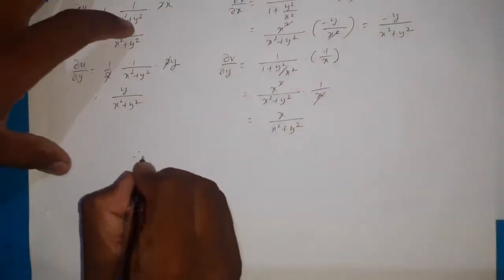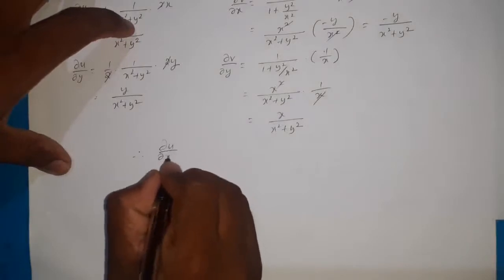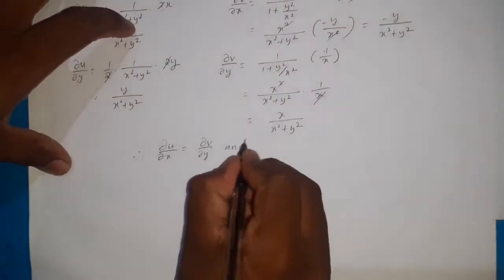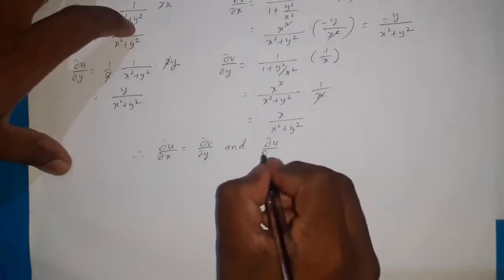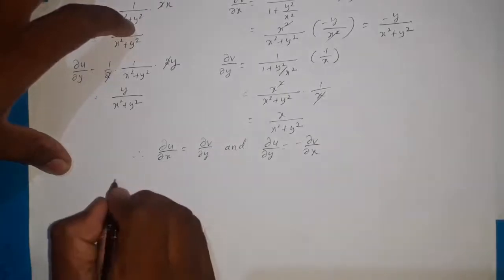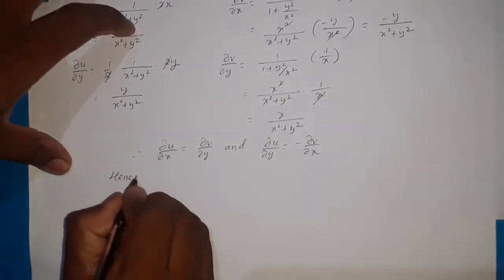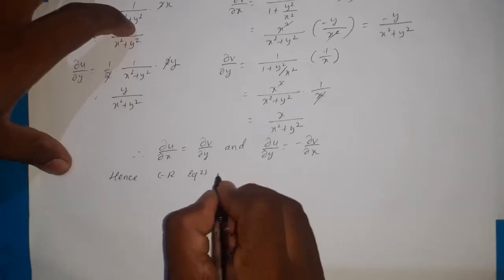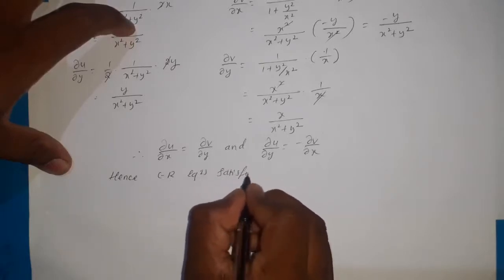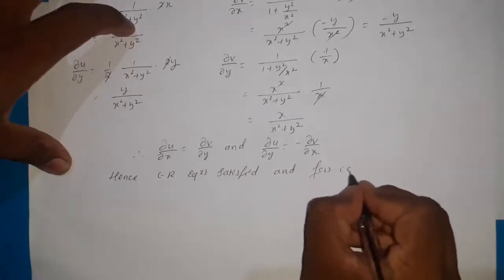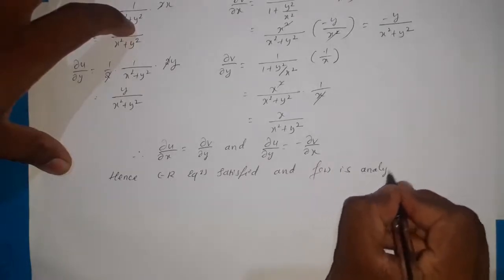Therefore, ∂u/∂x = ∂v/∂y, and ∂u/∂y = −∂v/∂x. Hence, the CR equations are satisfied and the function f(z) is analytic.